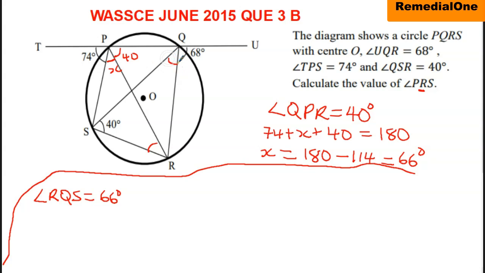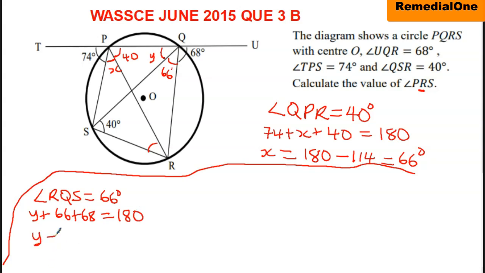Can't you find this angle now? This is a straight line. You know here to be 66. Let's label this side as y. So y plus 66 plus 68 is equal to 180.